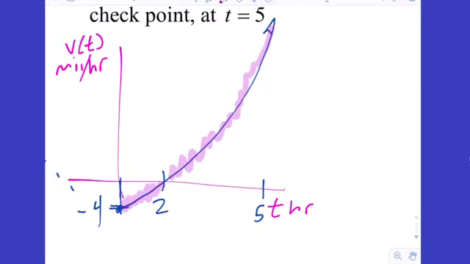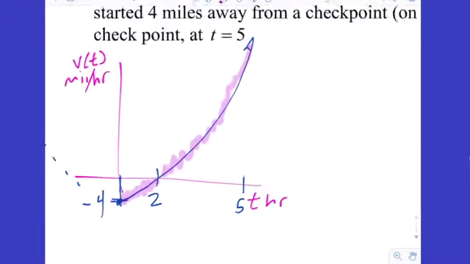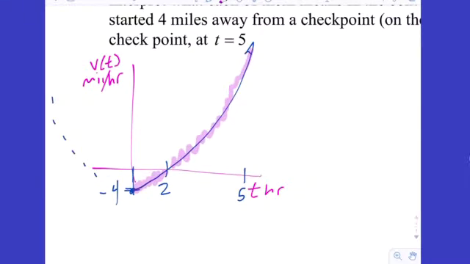Okay? So we can immediately say then that this car changes directions at what time? At 2 hours, right? At t equals 2 hours, it goes from moving to the left to moving to the right because the velocity changes signs from negative to positive at 2. Okay, that's pretty cool.